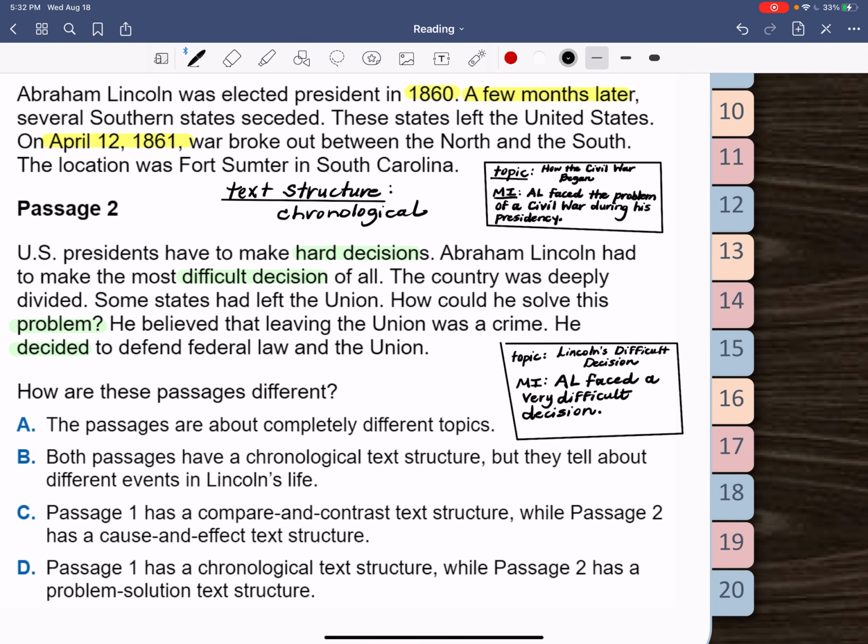Text structure on this one, I'm going to call this one problem solution. And then we have to use what we've learned and read here to make a decision on this answer.